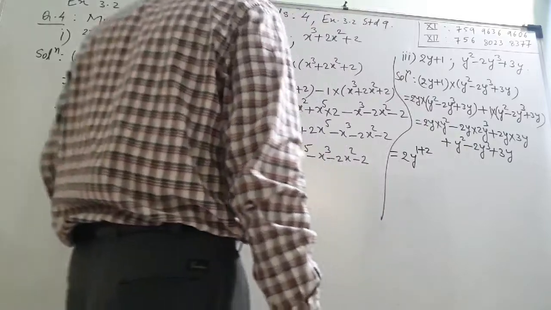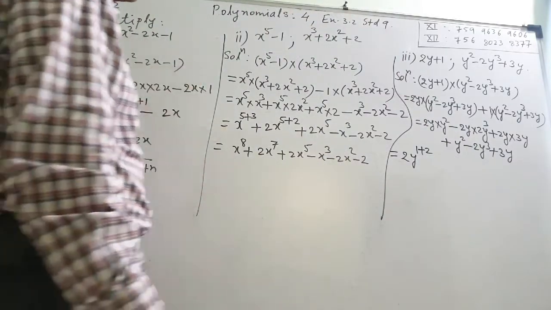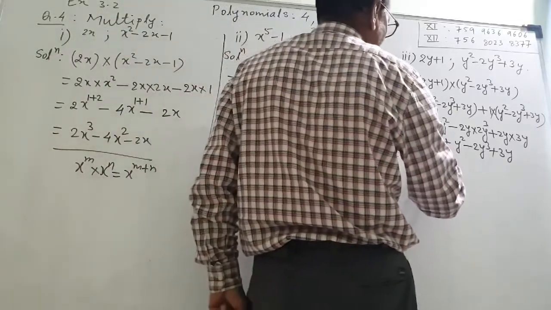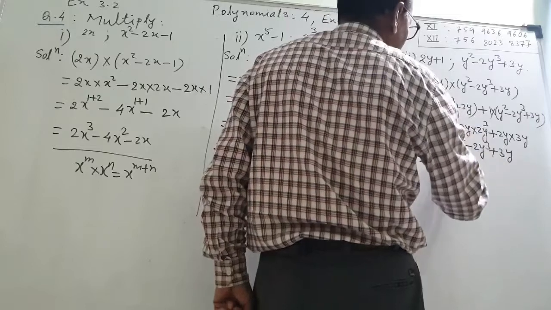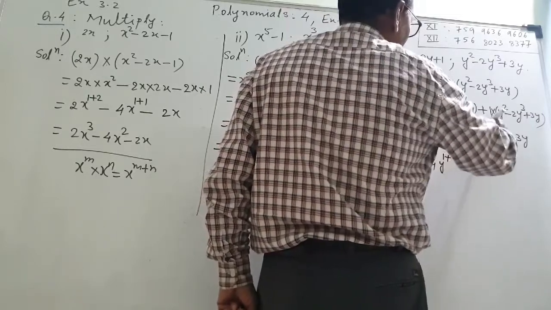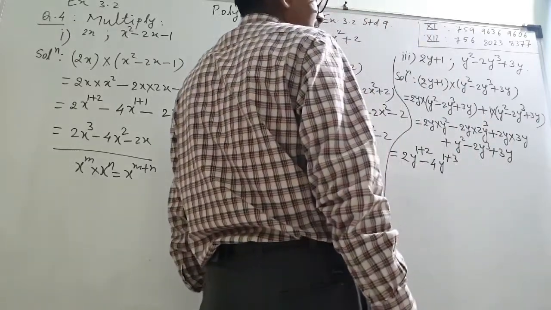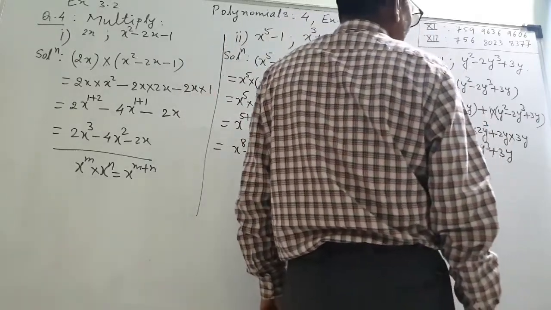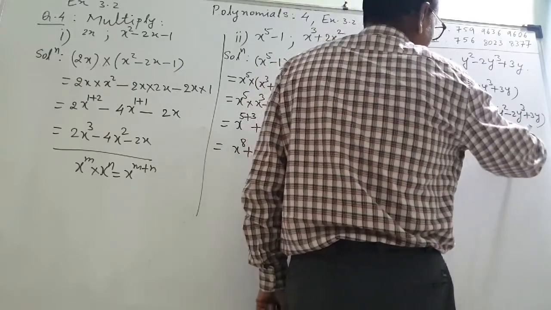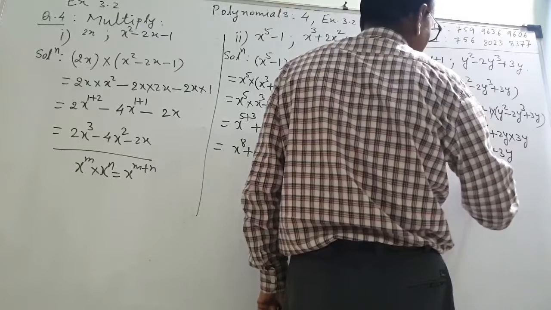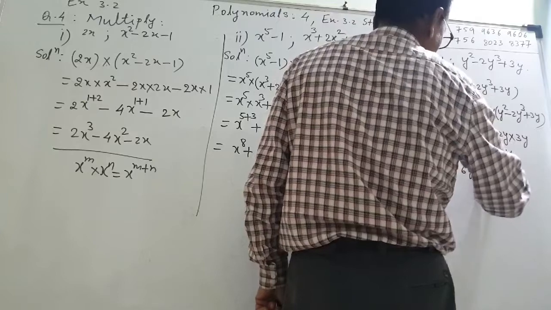You know the rule, this is the rule. If the base is same, multiplication means addition of the indices. This is minus this 2 into 2 is 4, and this y raised to 1 plus this y raised to 3. Hope that you have understood. Now this 2 into 3 is 6, y raised to 1 plus y raised to 1.